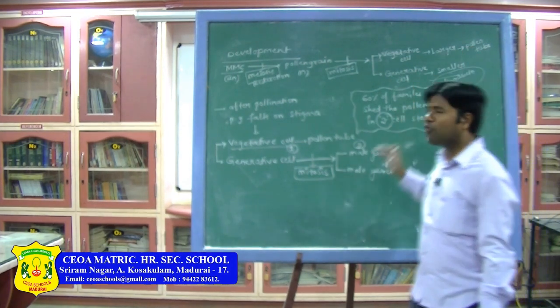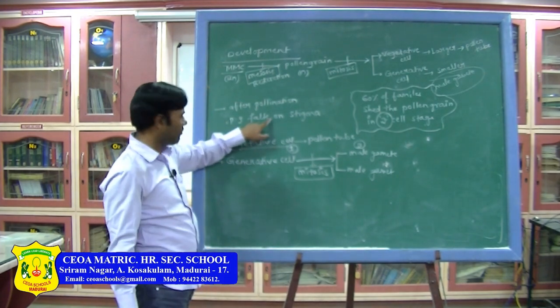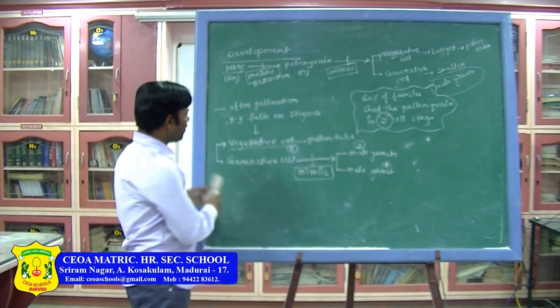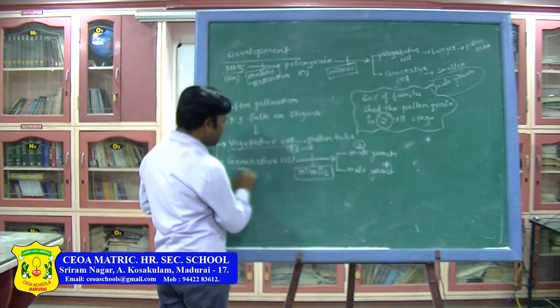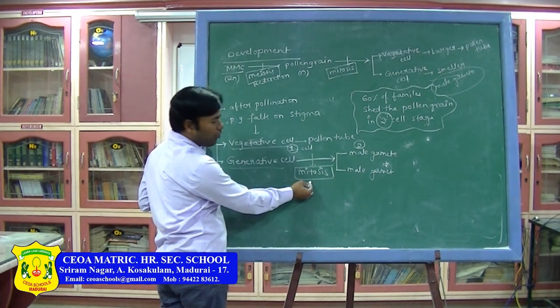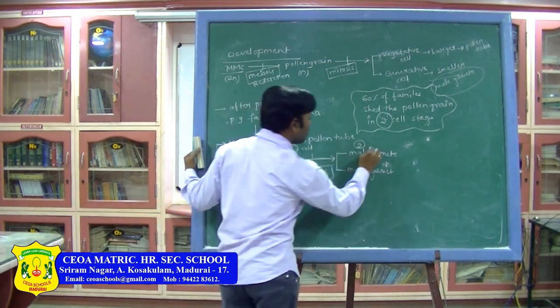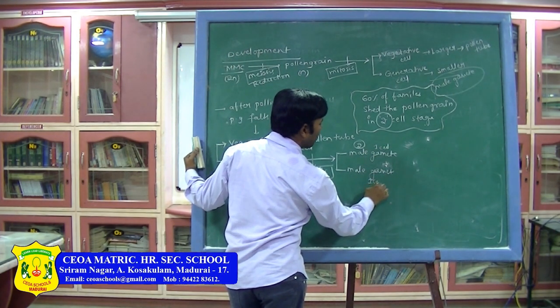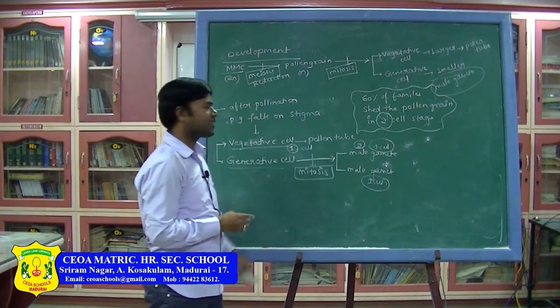Then in the third step, after pollination the pollen grain falls on the stigma, then the vegetative cell forms the pollen tube, same. Now the vegetative cell is one cell. The generative cell undergoes mitotic cell division and forms 2 mature male gametes. So this is one cell and this is another cell. Total, this is 1, 2, 3. 3 cells are forming.